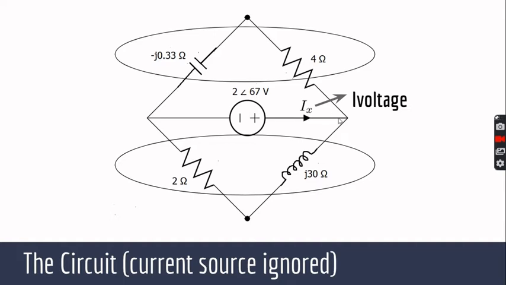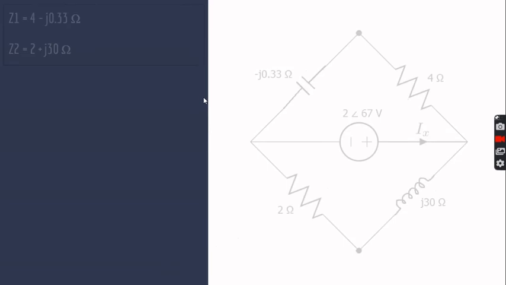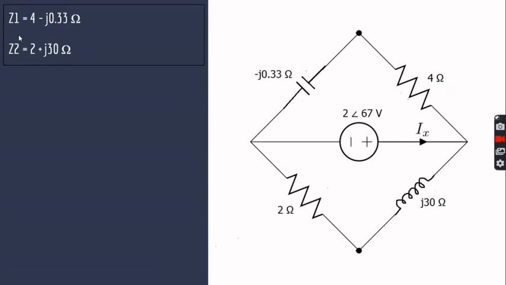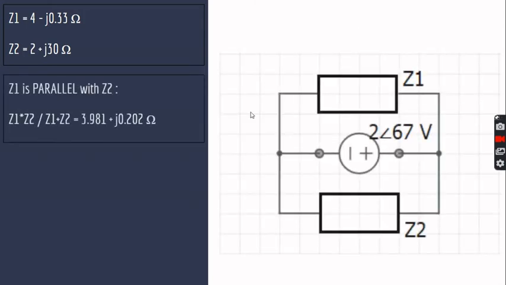So we have to use the formula that we already know. If they are in series, just add them together. You get the equivalent circuit.